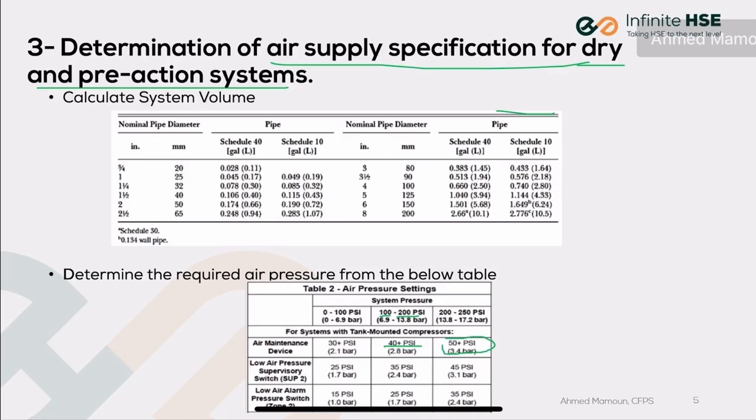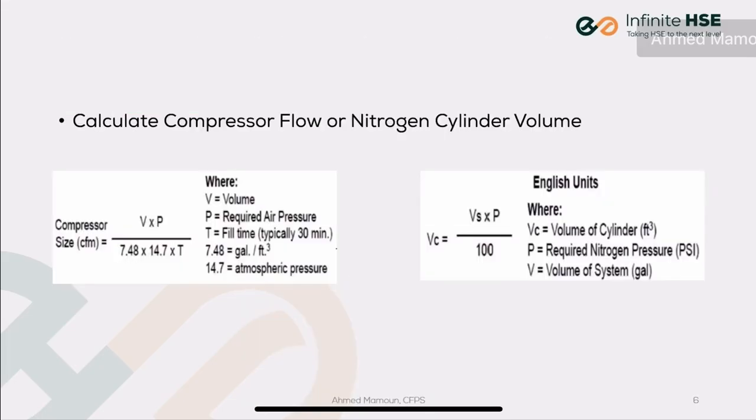The same applies for the low air pressure supervisory switch and low air pressure switch zones. We can calculate the compressor flow or nitrogen cylinder flow needed for a dry system from these equations.